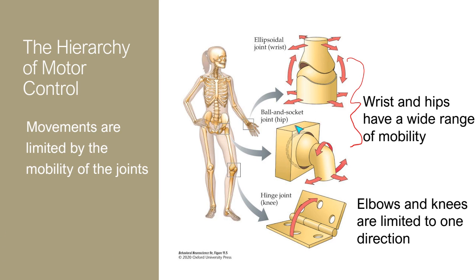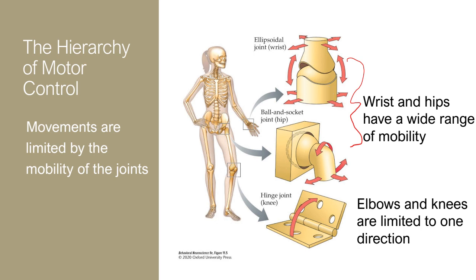giving just a brief overview of the mobility of some of our joints, some of our joints have more mobility than others. If you think about the mobility you have in your wrist or in your hips, the hip is similar to a ball and socket joint, right? We've got quite a bit of range of movement, both laterally and rotational.